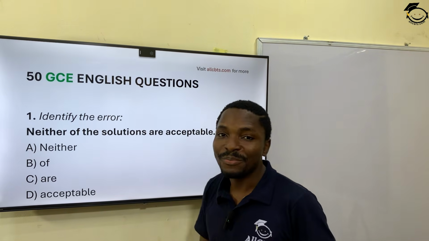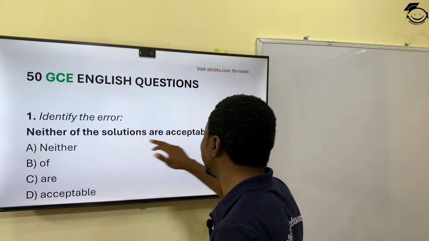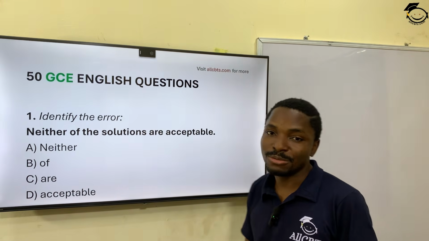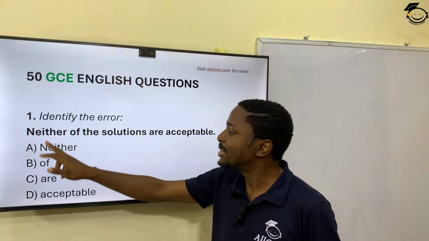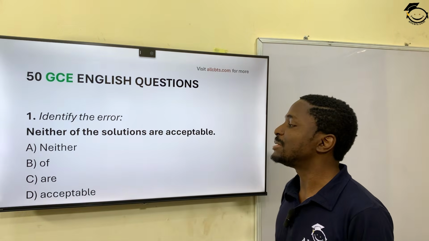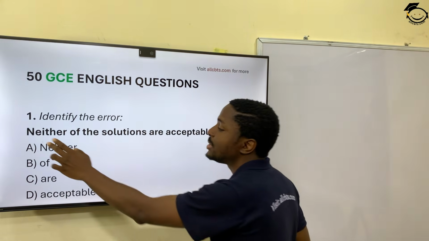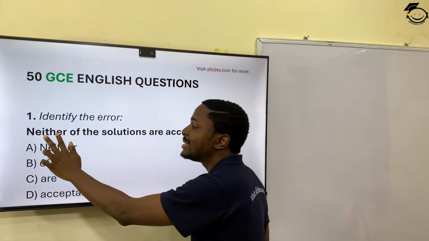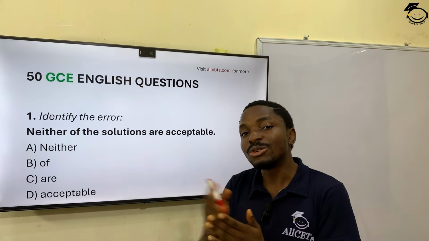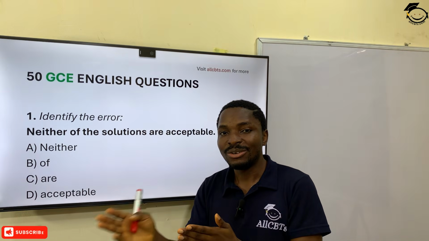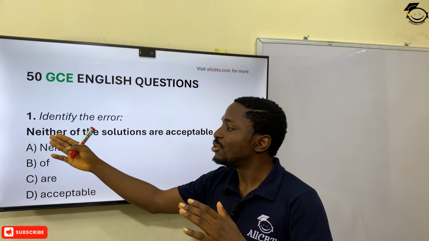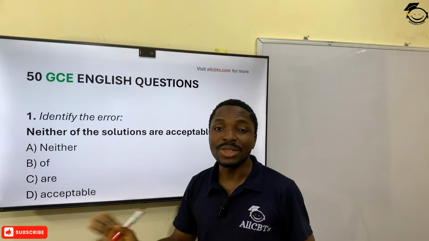Identify the error. What's the error in this sentence? Neither of the solutions are acceptable. Neither means none or not one. So neither is singular because you say not one. You use neither when you are differentiating between two things.